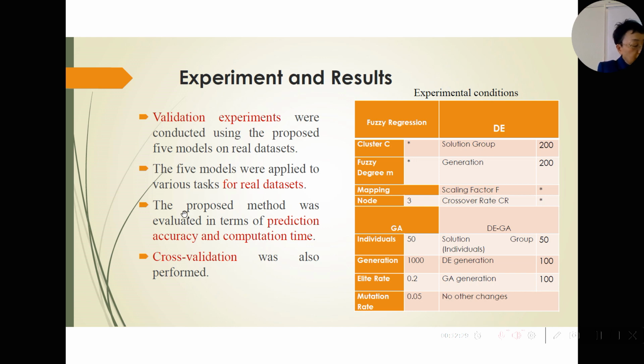Validation experiments were conducted using the proposed phi method on real datasets. The proposed method was evaluated in terms of prediction accuracy and computation time. Cross validation was also performed. The experimental conditions are shown in this table.